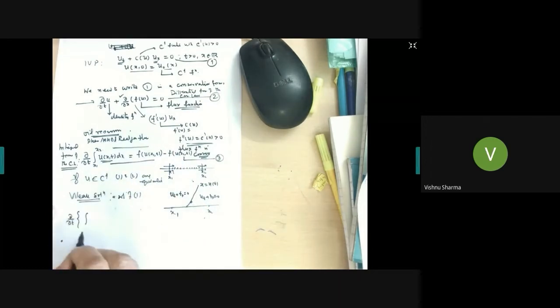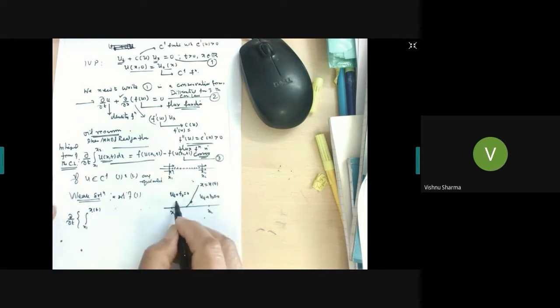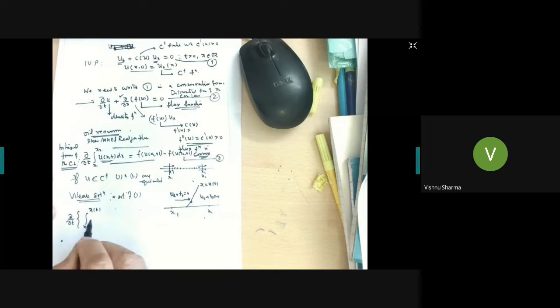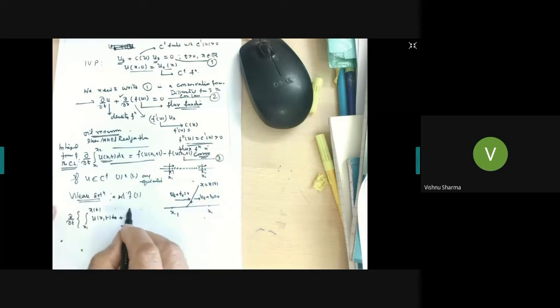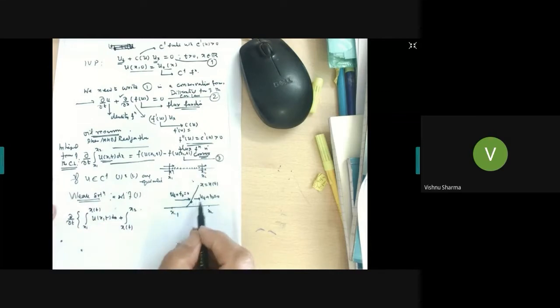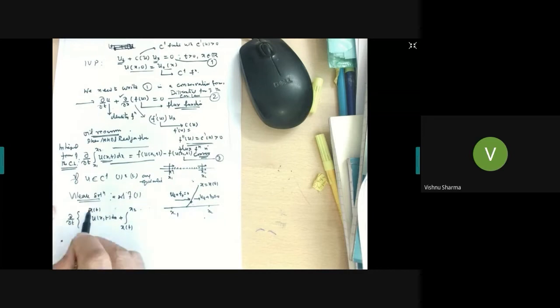According to this law, it should be the integral from x1 to x of t of u of x,t dx, plus the integral from x of t to x2. At this point, this function suffers a jump discontinuity. U and its derivatives suffer a jump discontinuity at x.